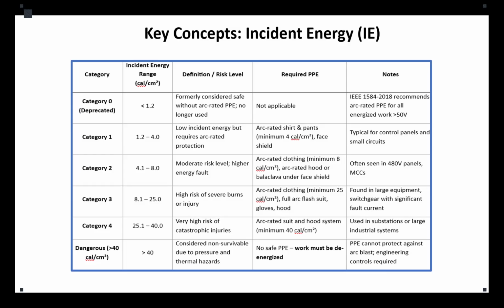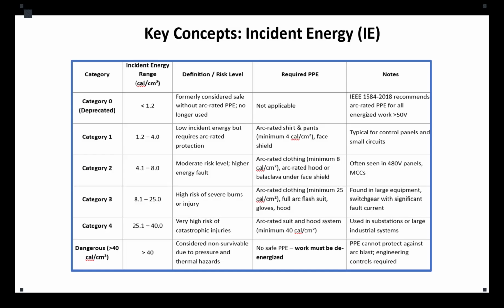The definition is that incident energy is the amount of thermal energy that a worker could be exposed to on their body surface at a specified working distance from an arc flash fault. In practical terms, it measures how much heat is delivered to the worker's skin or the PPE that the worker wears in the event of an arc flash.